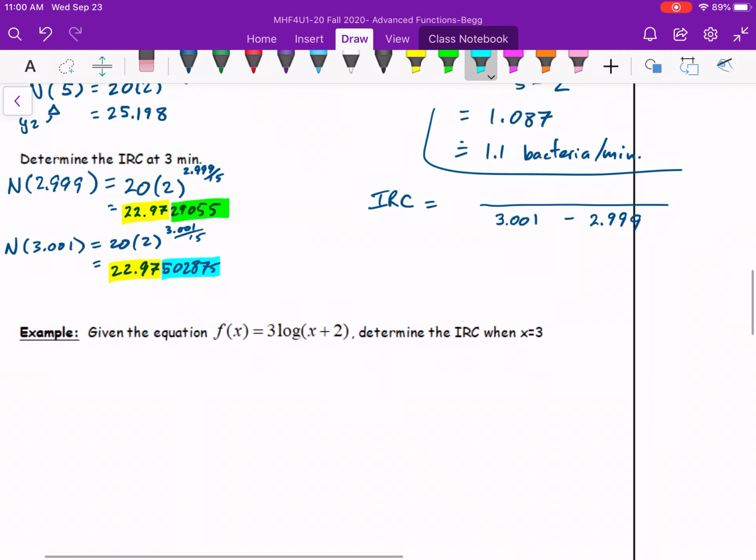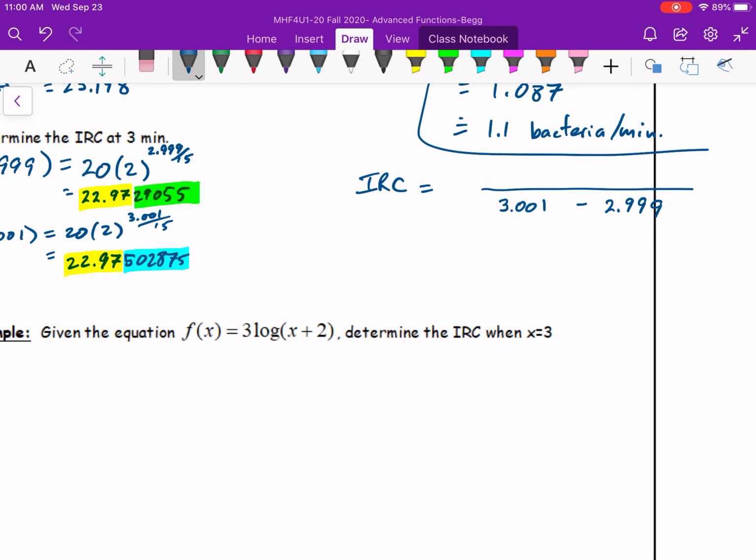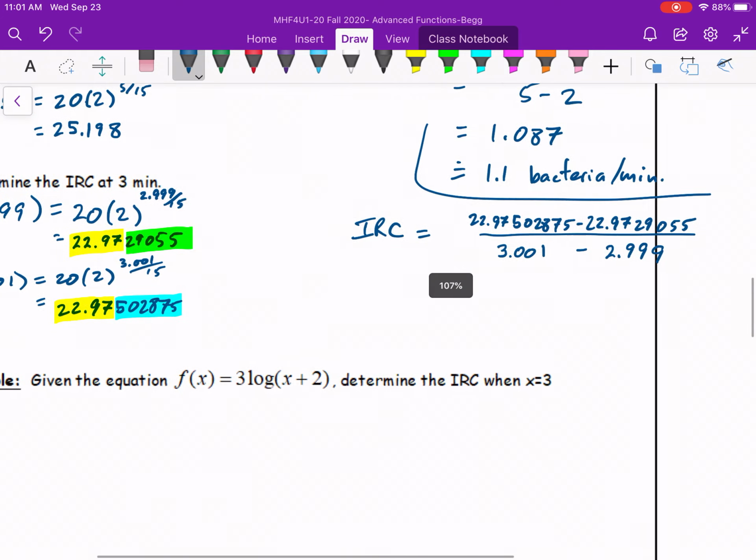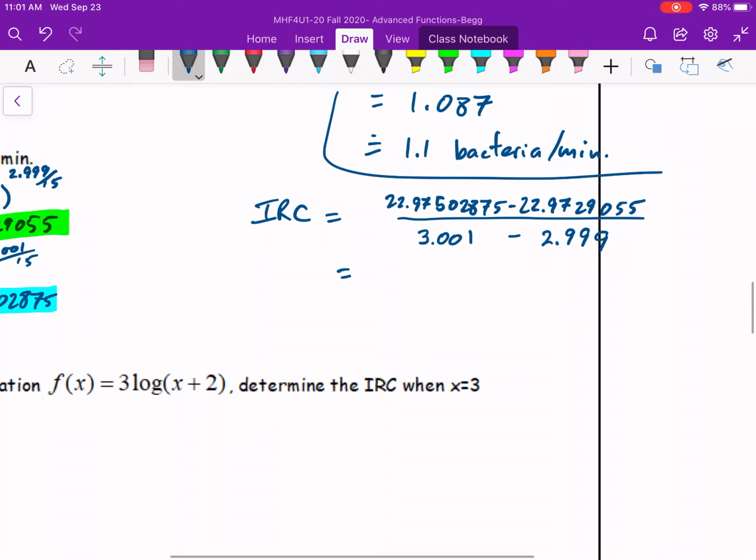So these are the y2 and y1. I need to put them into the appropriate place. And when I crunch the numbers and work it all out, following order of operations, of course, I get 1.06 bacteria per minute.